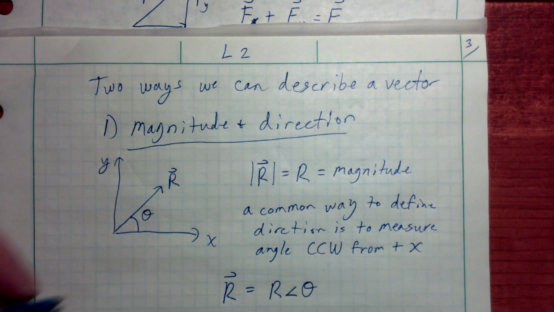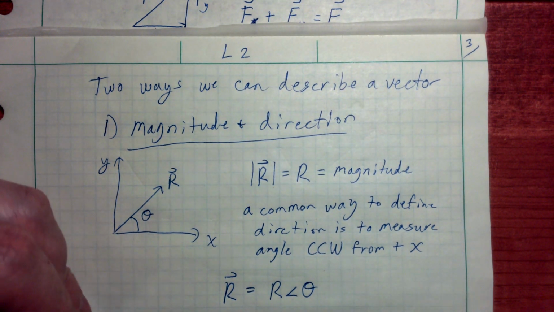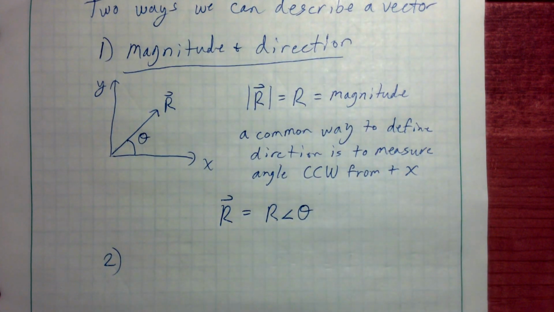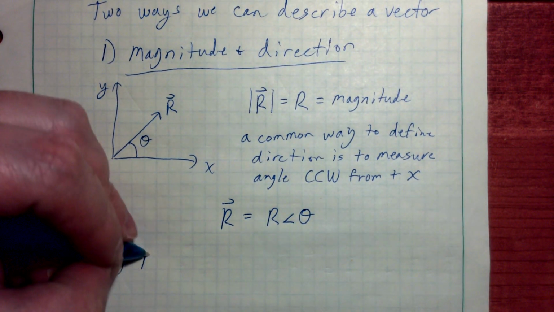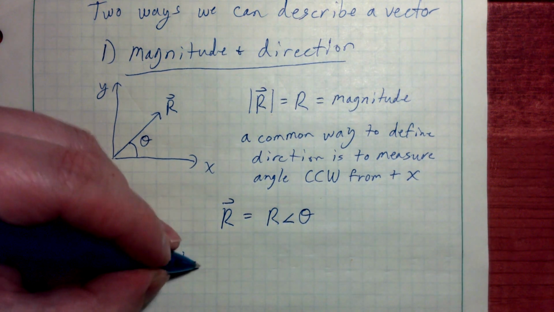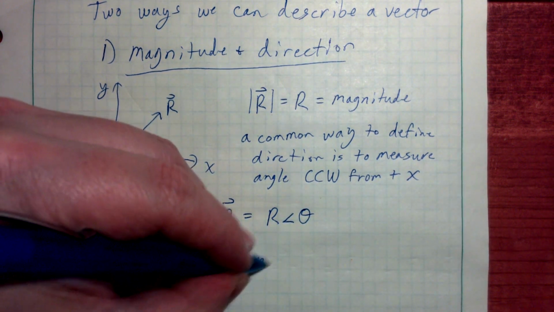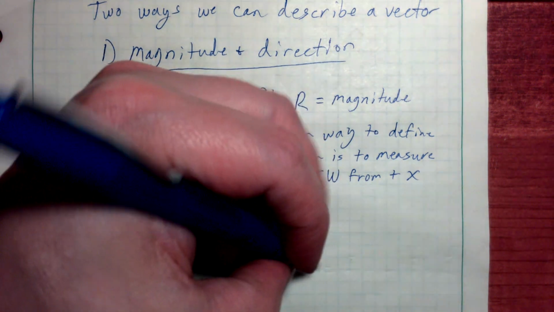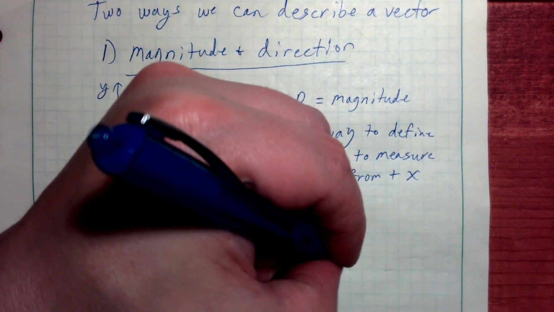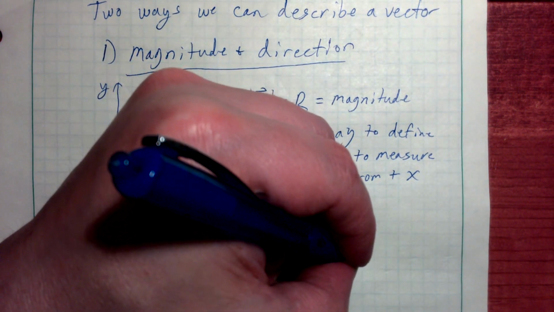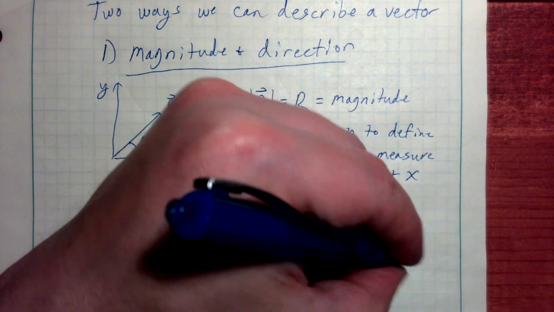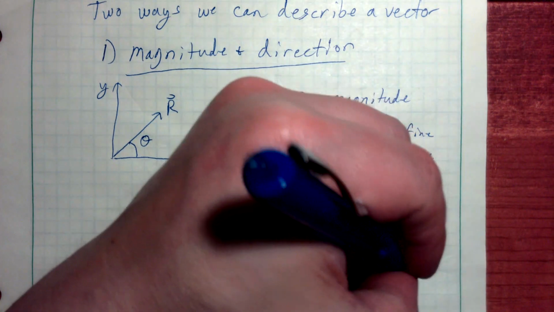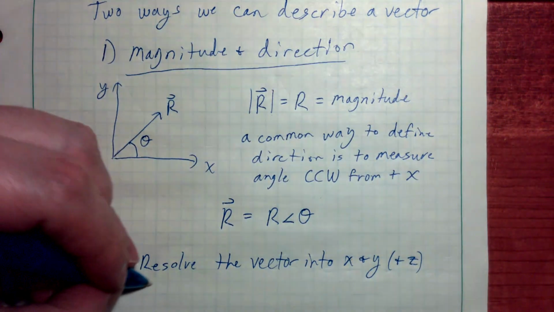The other way we can do that, in two ways to define a vector, the other one is to resolve the vector into x and y, and if you're in 3 dimensions, z, components.